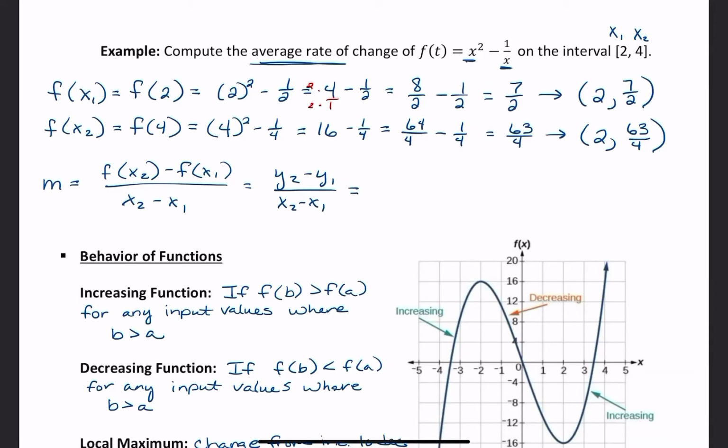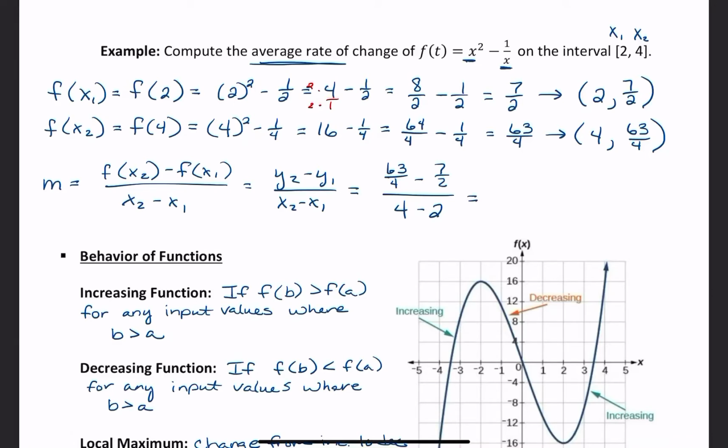So here I've got 63 fourths minus 7 halves over, oh, and I made a mistake up here. This should be 4 because I plugged in 4 there, not 2. Some of y'all probably caught that and were screaming at me. But so there I've got 63 over 4 minus 7 over 2 divided by 4 minus 2.